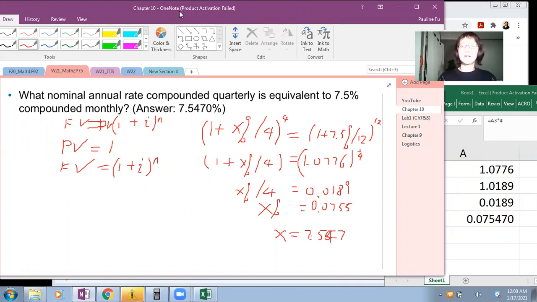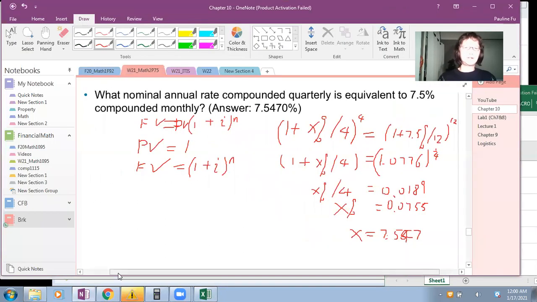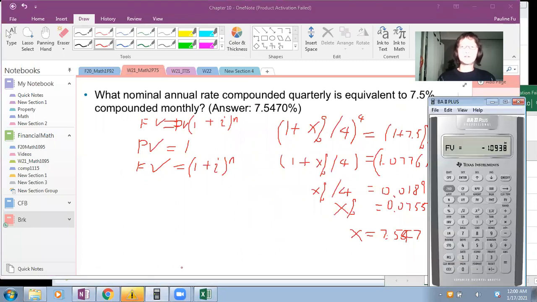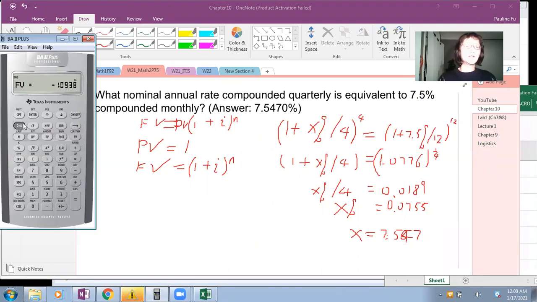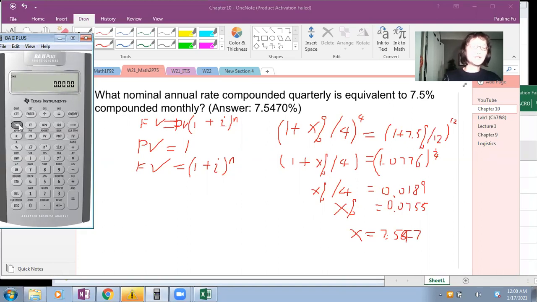Now, is there a calculator method? Yes. So for calculator method, you have to do this. You need to practice more, okay, for this one. So I do second quit, clear any previous entries. And now your starting point is the second, this button here, okay. Second, then click number 2 button.